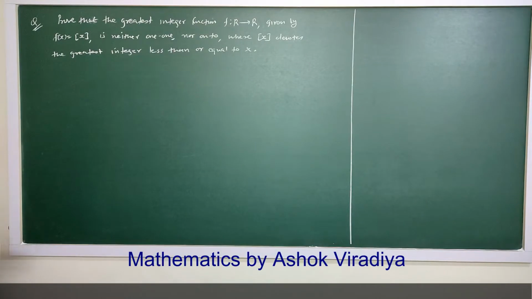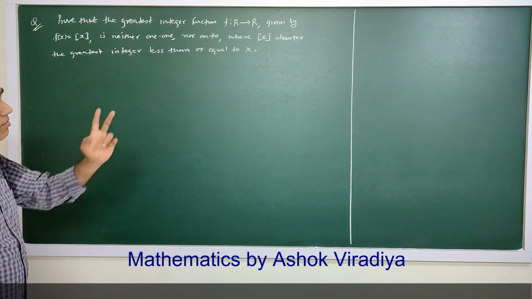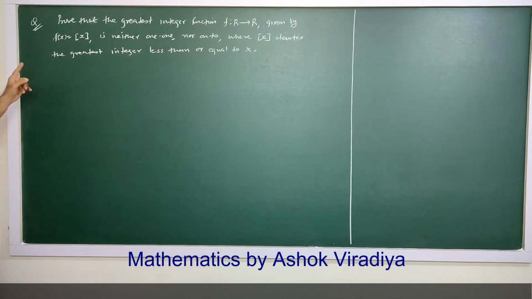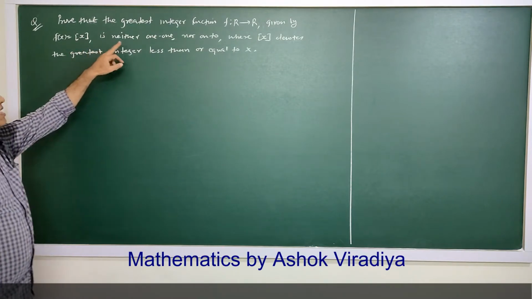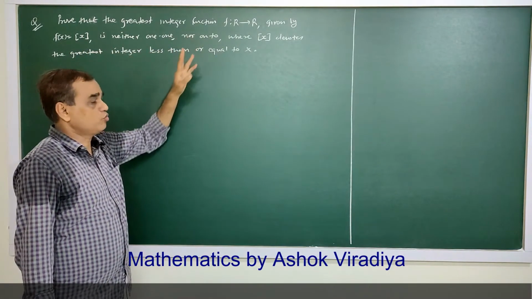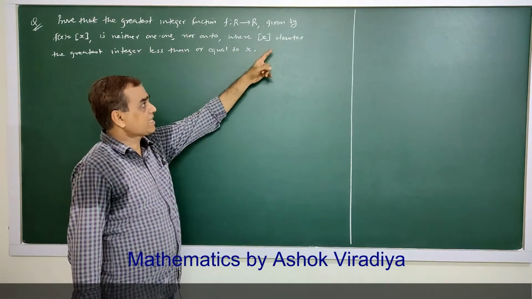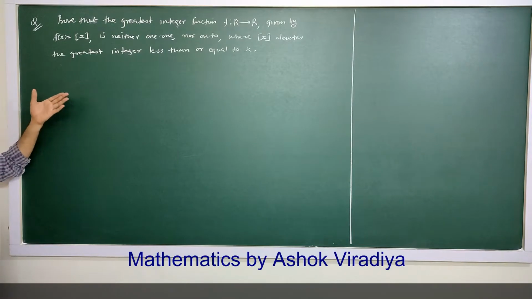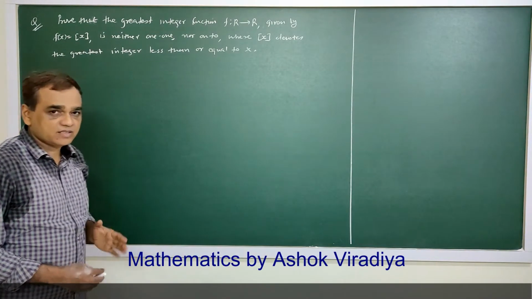Prove that the greatest integer function f from R to R given by f(x) equals box x is neither 1-1 nor onto, where box x denotes the greatest integer less than or equal to x.